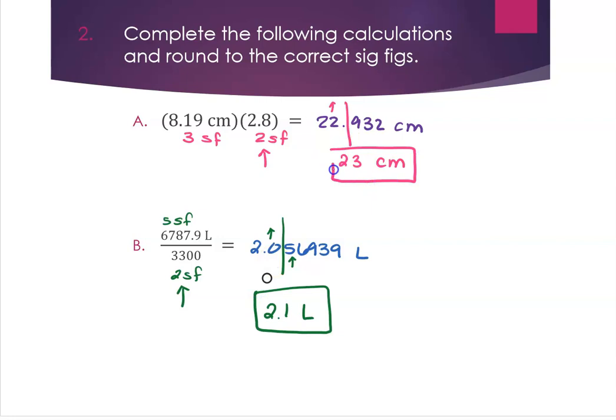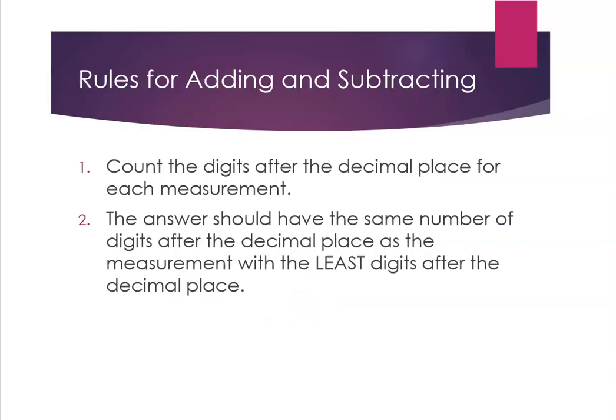Right? So for multiplication and division, I can count all the sig figs for each measurement and then use the smallest number to get my answer. For addition and subtraction, we're still looking at the smallest, but instead of counting all of the significant figures, we are only going to count the digits that are behind the decimal. So we're only going to count whatever is to the right-hand side of the decimal, regardless of whether there's a 0 there or not.